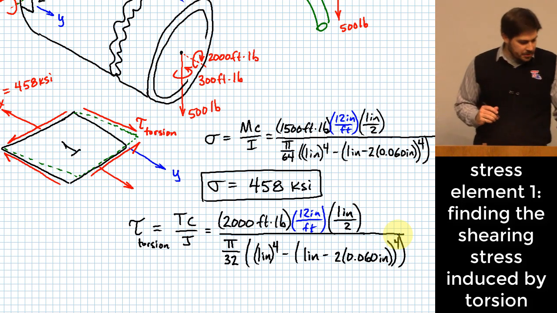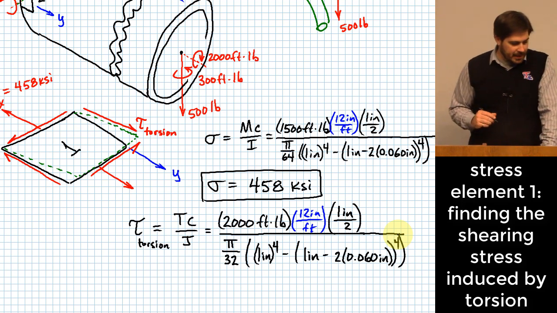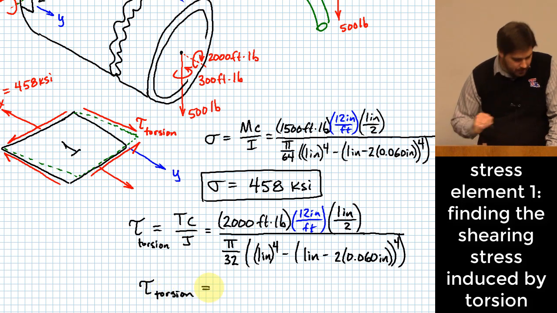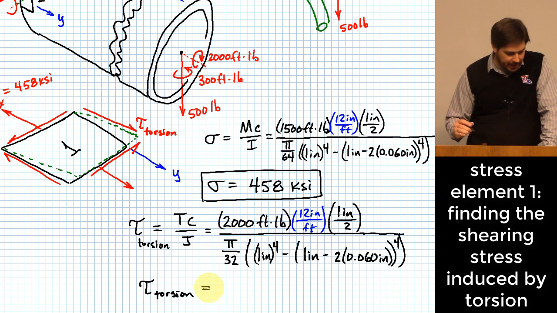So once we punch those values into a calculator, this tau due to torsion just becomes 305.3 KSI.